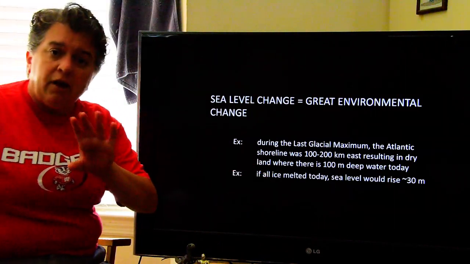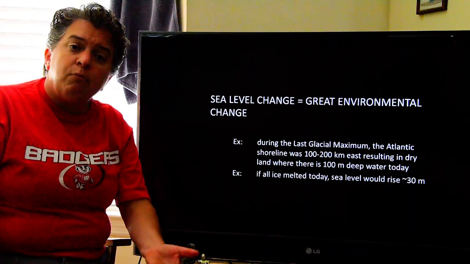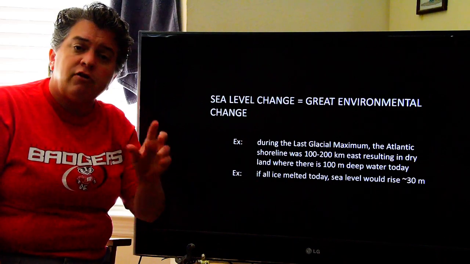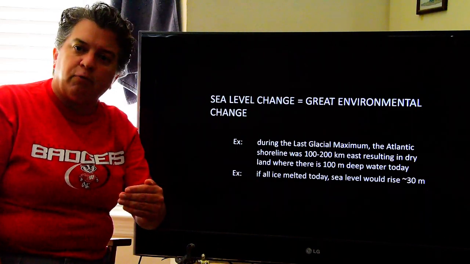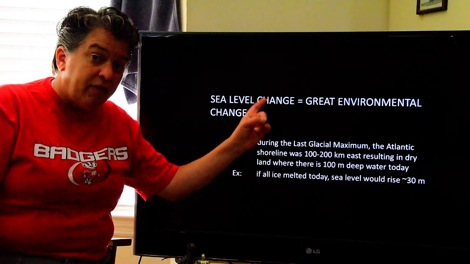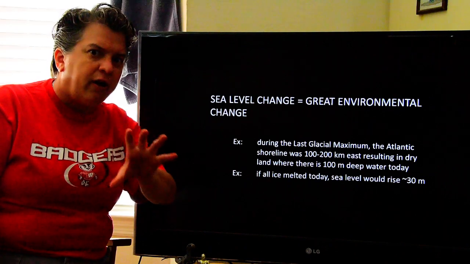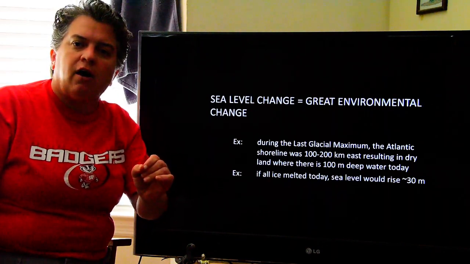Now, ice is not the only thing that controls sea level. Small-scale sea level changes are controlled by just how much glacial ice we have. Large-scale sea level changes, so even bigger than this, the kind that flood entire parts of continents, are controlled by plate tectonics.